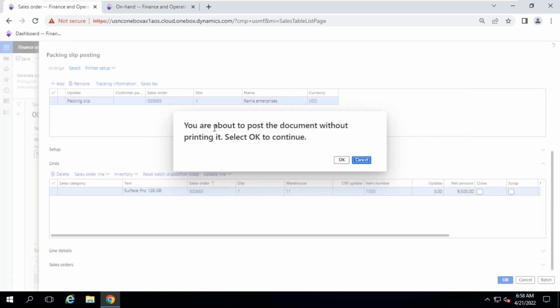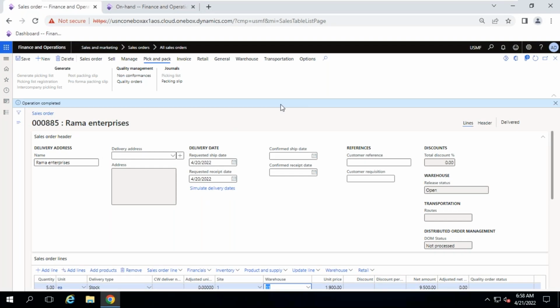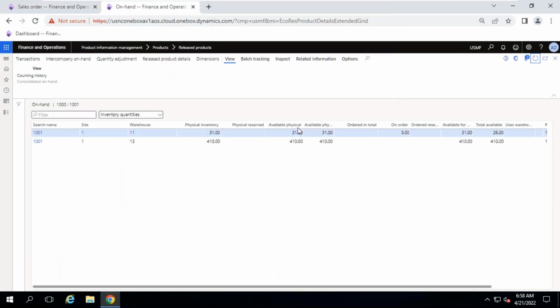It is asking that you are about to post the document without printing. In a real-time scenario, you must take a printout and submit it to your customer. That is the reason it gives a warning message, but for practicing it is not required. I'm clicking OK. Now if you go to on-hand inventory, the 5 is removed and decreased from here.